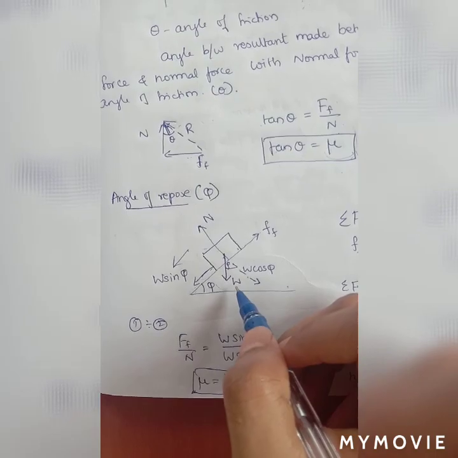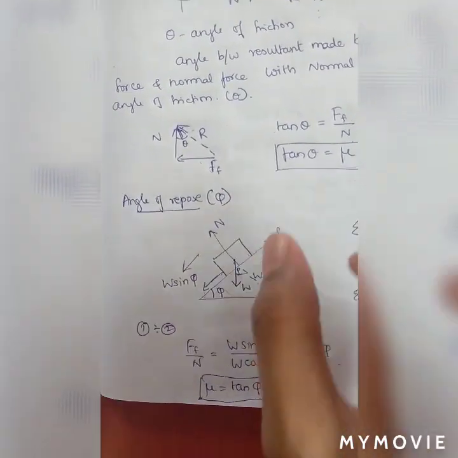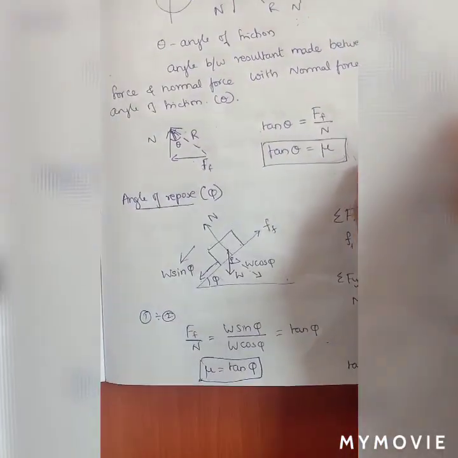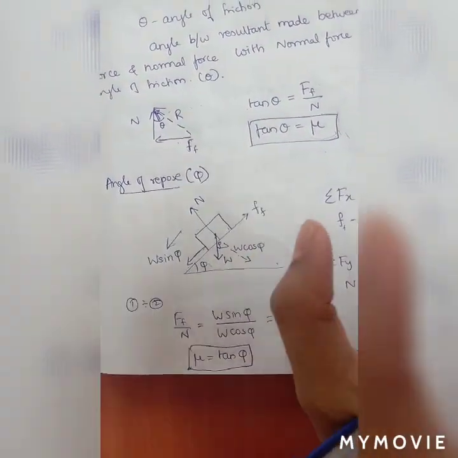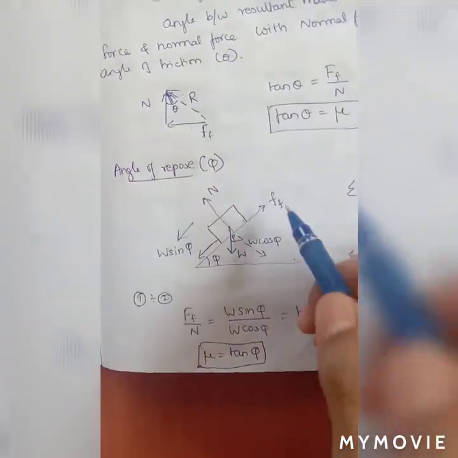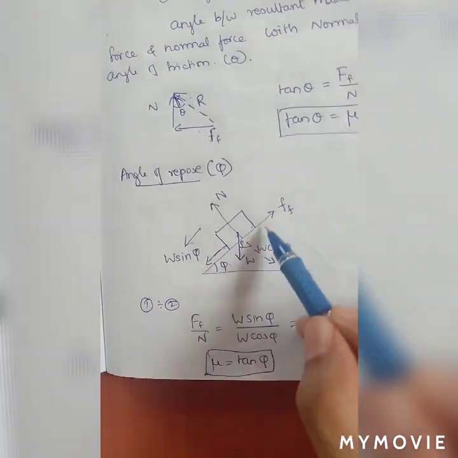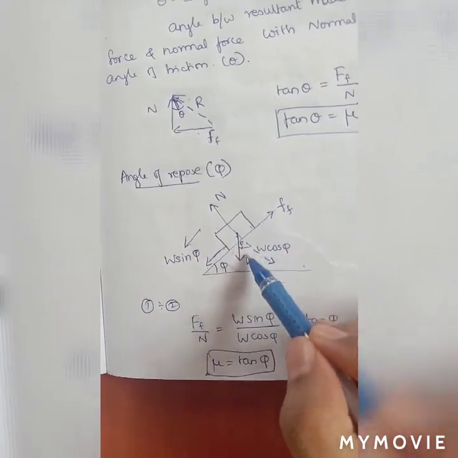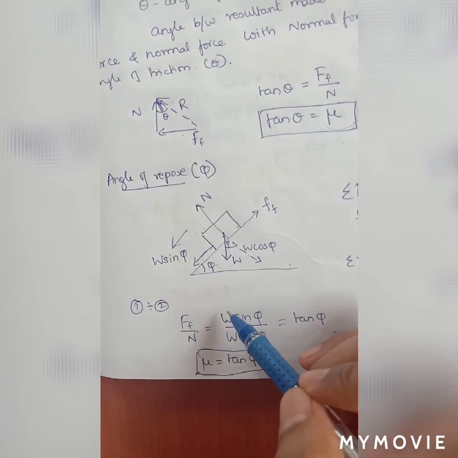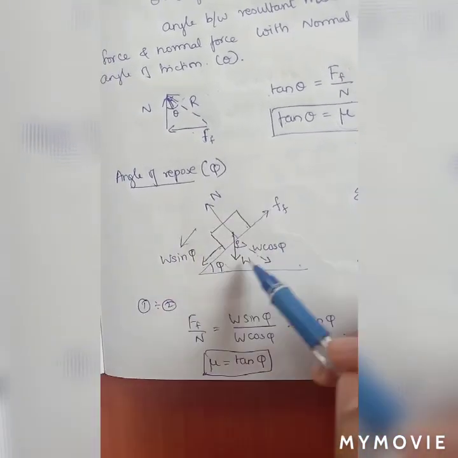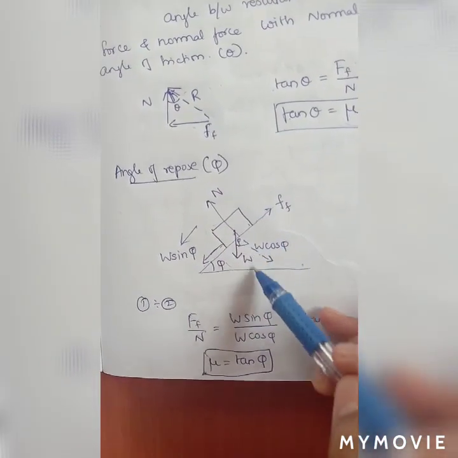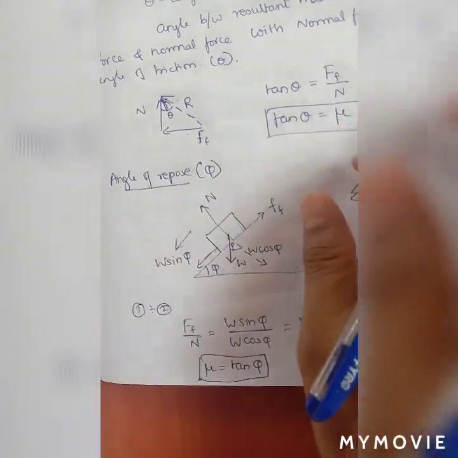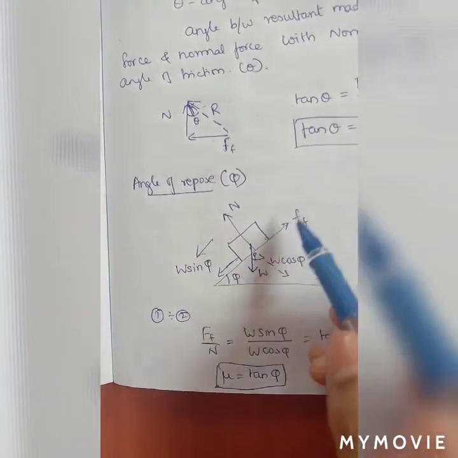Am I right? So that certain angle at which the body starts to slide downward, are you able to understand? We didn't apply any external forces. So the sliding is only due to its self weight and the angle made by the surface.